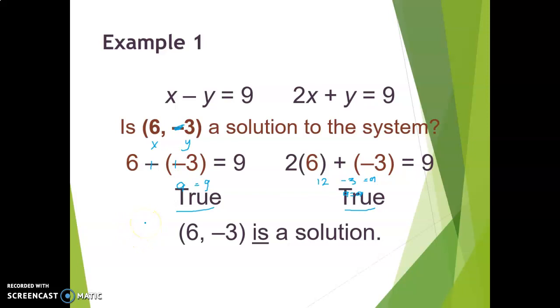But if it doesn't make all of the linear equations true, then it is not a solution for the system. It must be true for every equation to be a solution for the whole system. So hopefully you heard those steps and you wrote them down when testing a point to see if it's a solution. If you missed those steps, go back and listen and write those steps down again.